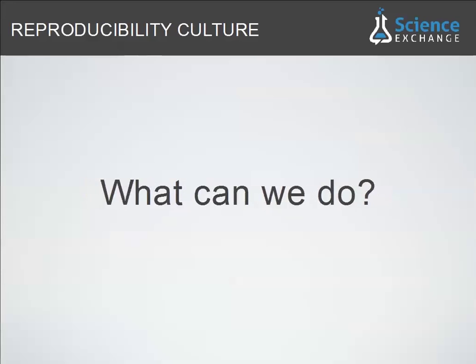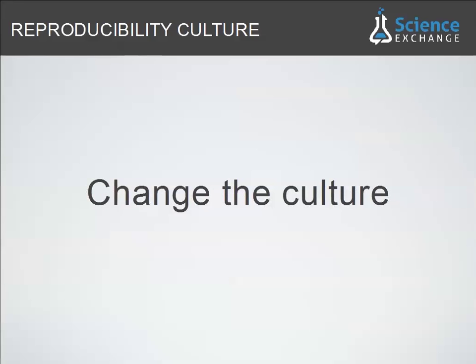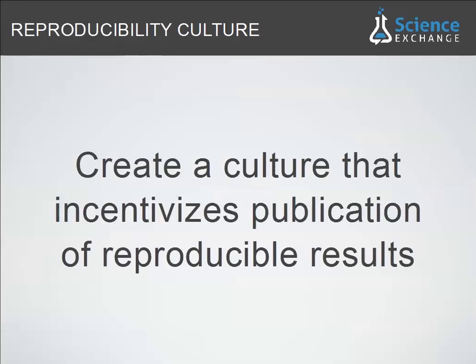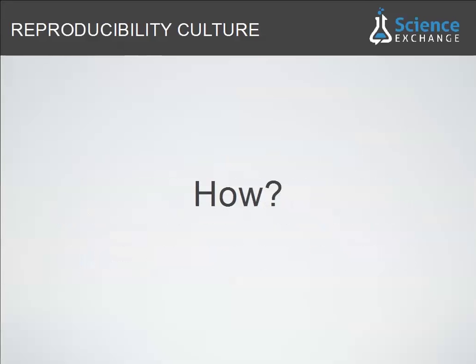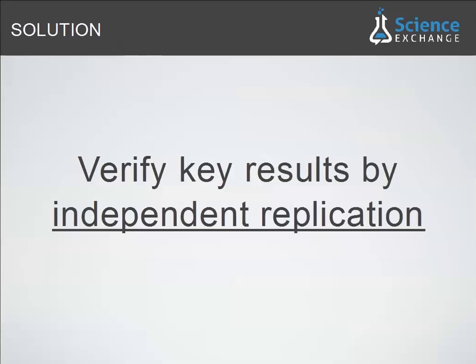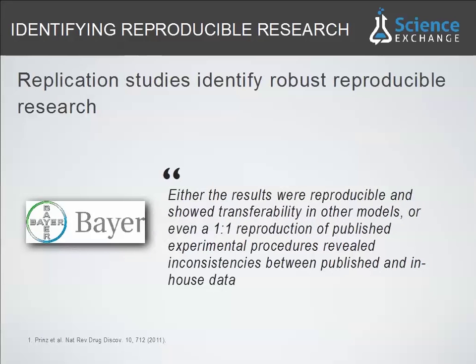So what can we do about this problem? One of the things that we've been looking at is ways to change the culture, to create a culture that incentivizes the publication of reproducible results. And how we're doing that is to verify key results using independent replication studies. This is because independent replication studies identify robust reproducible research.